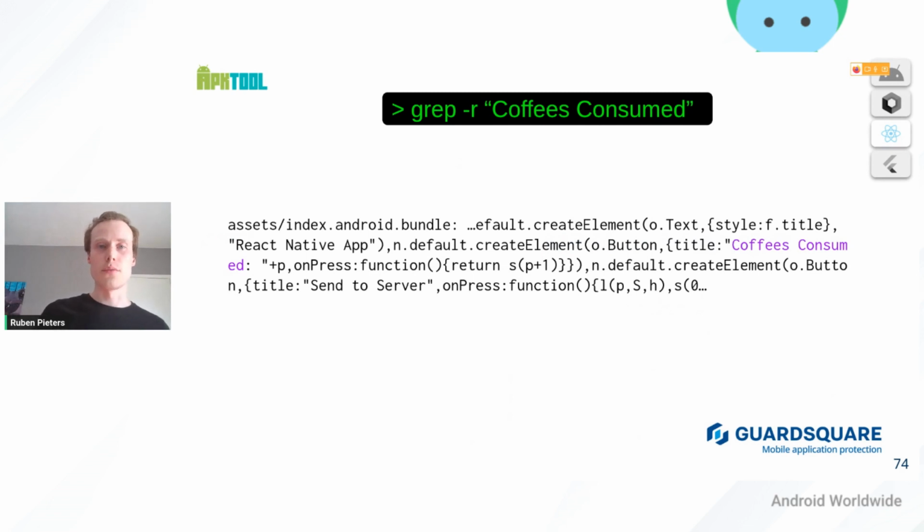When we use the decompile option of APKTool, we have an unpackaged APK, and then we can just search for strings. When we do that with coffees consumed, for example, we see a hit in our index.android.bundle file, which contains all the bundled JavaScript, packaged inside the application in plain text.